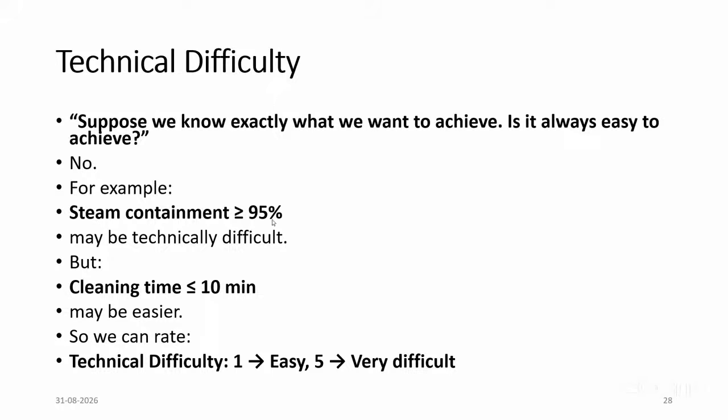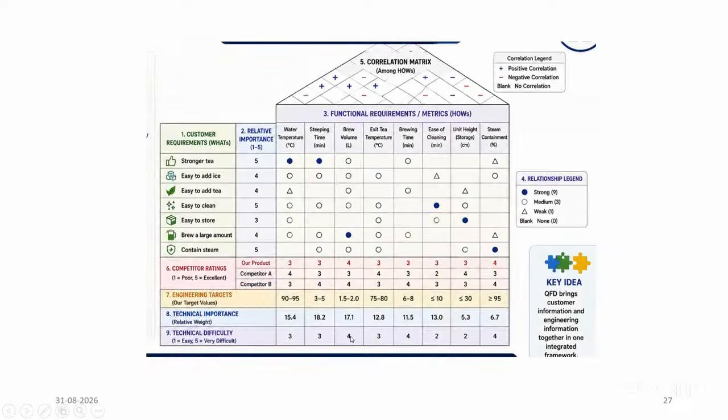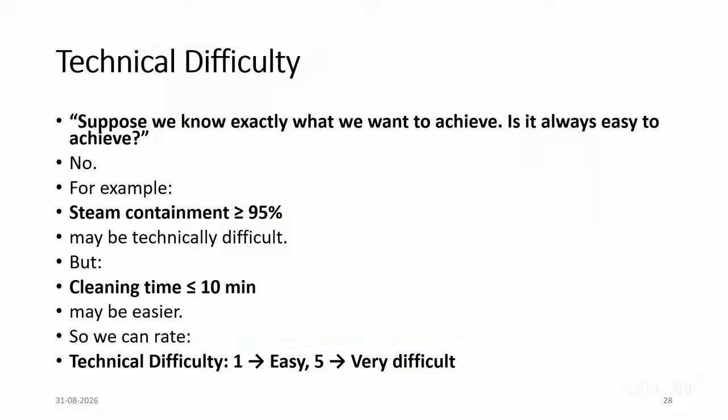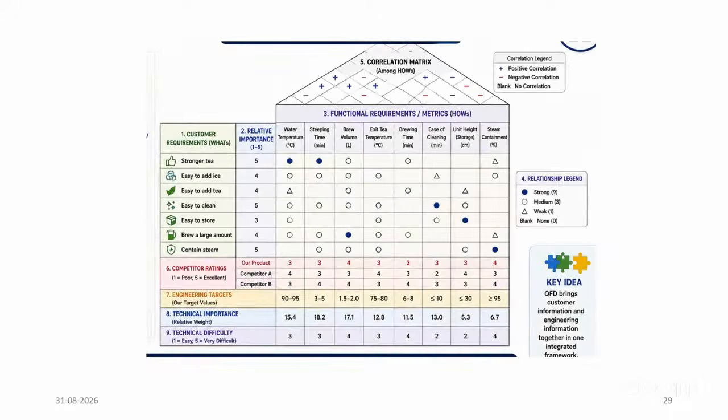So we are going to rate each and every metric which is easier to achieve and which is very difficult to achieve. For example, if you see metric 1 and 2 are easy to achieve, that is, it is having a rating of 3, whereas the third requirement has higher difficulty level. So like this we classify. If we do the classification, our HOQ is finally complete now.